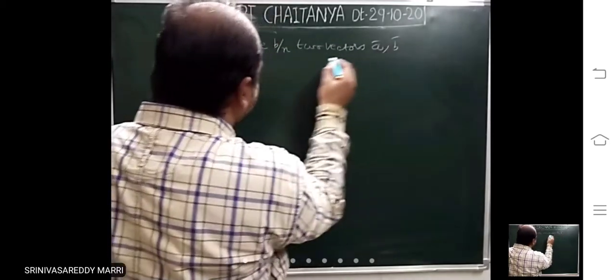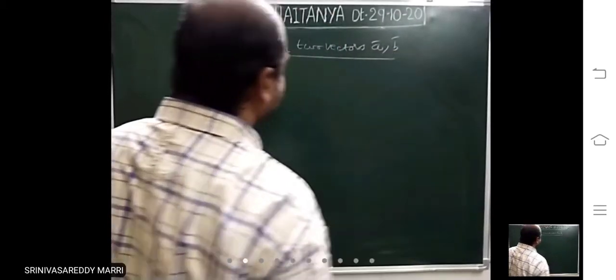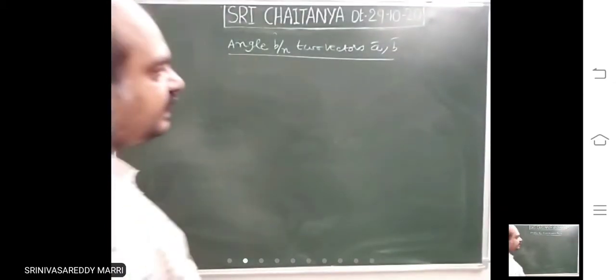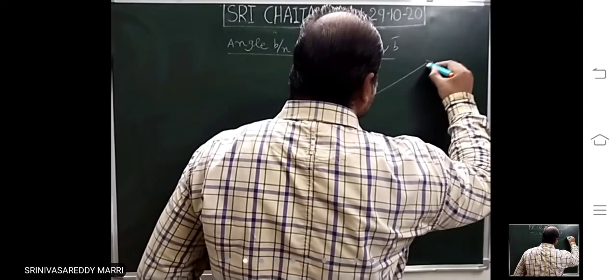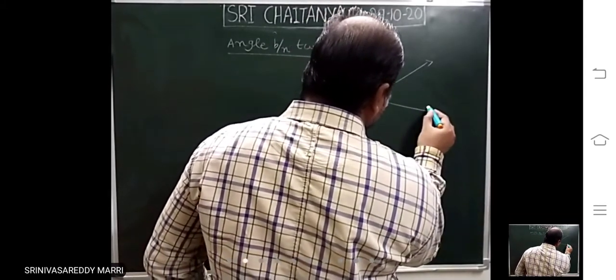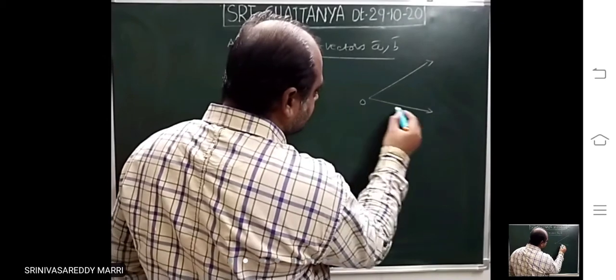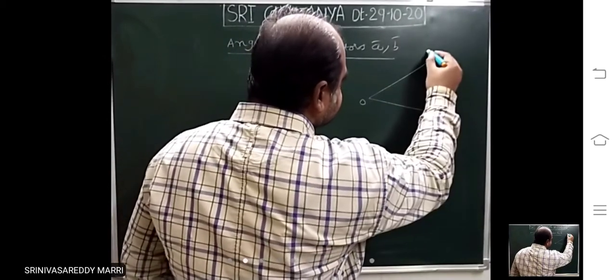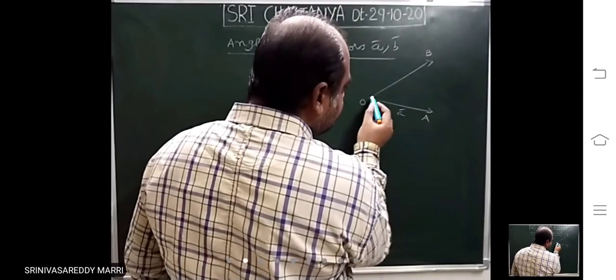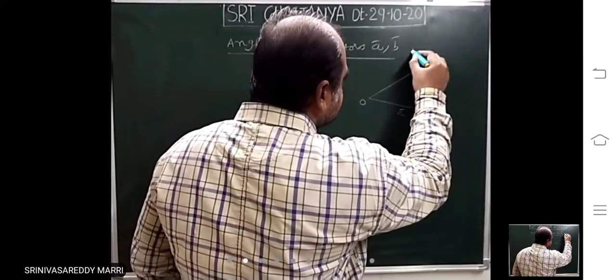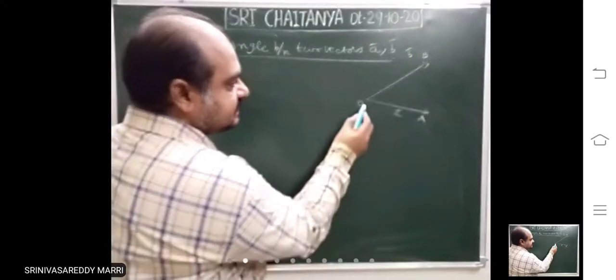Angle between two vectors a bar, b bar. What I discussed while discussing vectors: suppose two vectors are there like this. a bar is in this direction, b bar is in this direction.